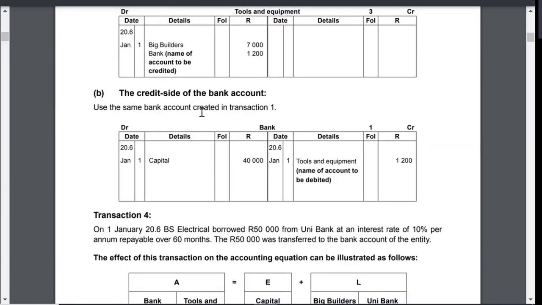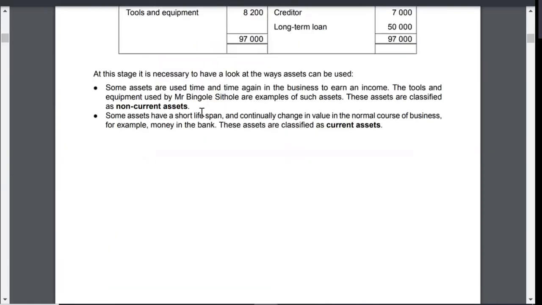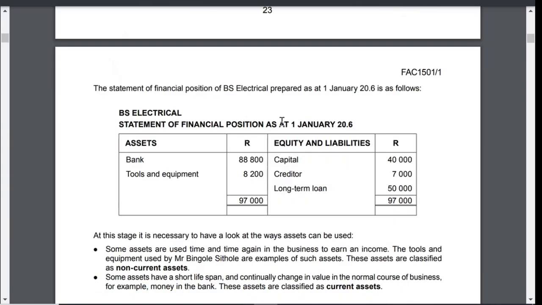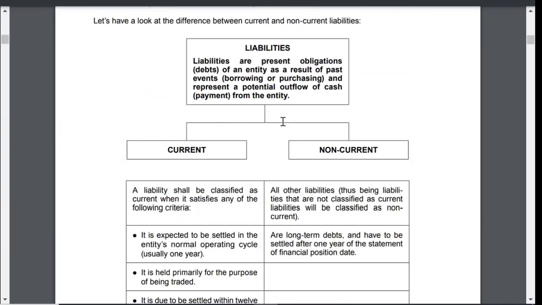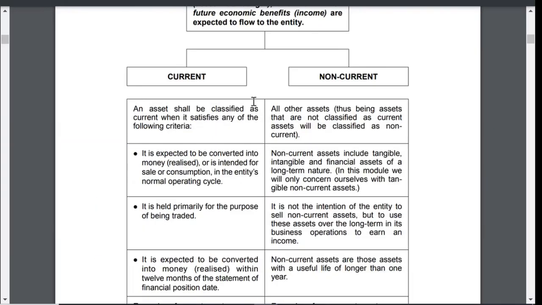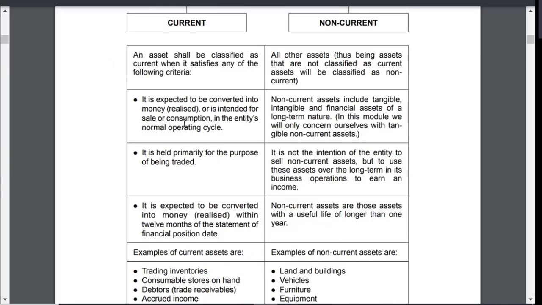So I just want to go down here. Let's see. So current assets. An asset shall be classified as a current asset when it satisfies any of the following criteria.